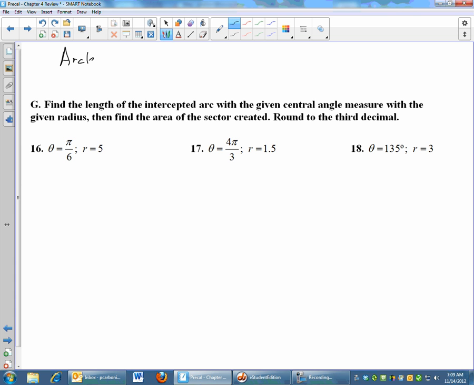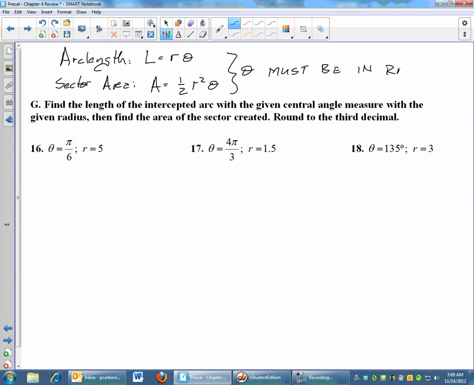Arc length is simply your radius times theta, and the area of the sector is 1/2 r squared theta, and you do need to remember that theta must be in radians. So those are the two formulas we're going to use.